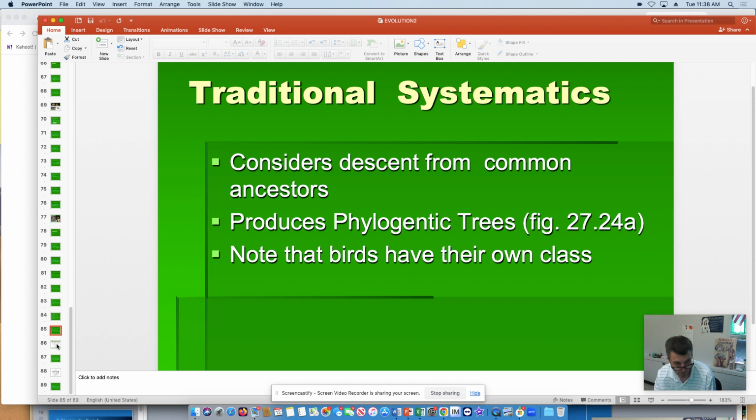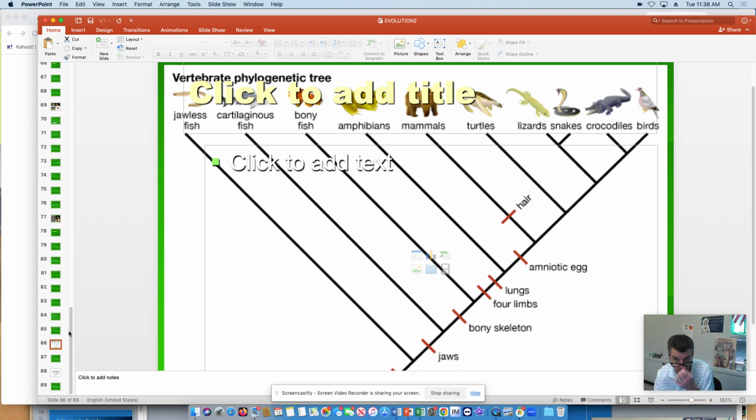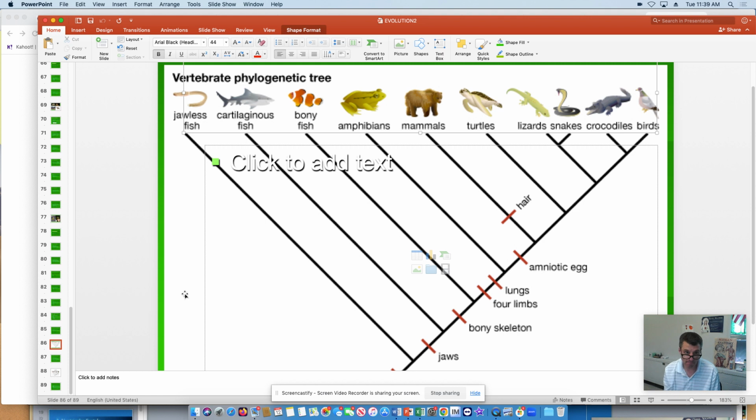But in some, okay, so here's maybe what that would look like. Okay, we have this series of how things fall into place. Jawless fish, amphibians, mammals, turtles, lizards, snakes, crocodiles, birds.